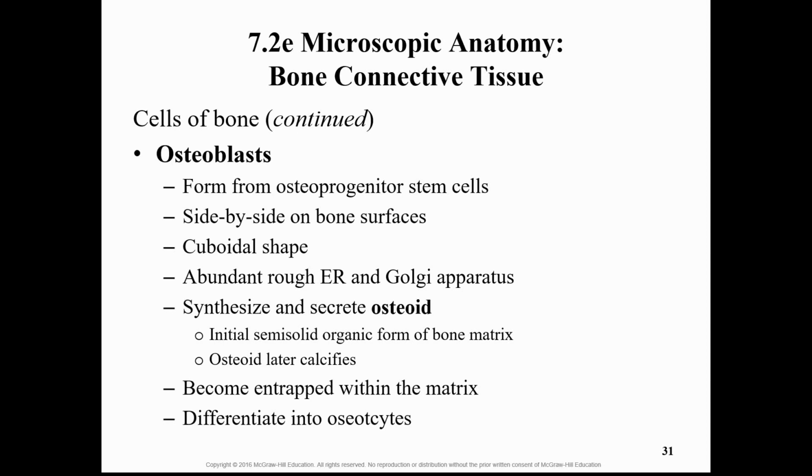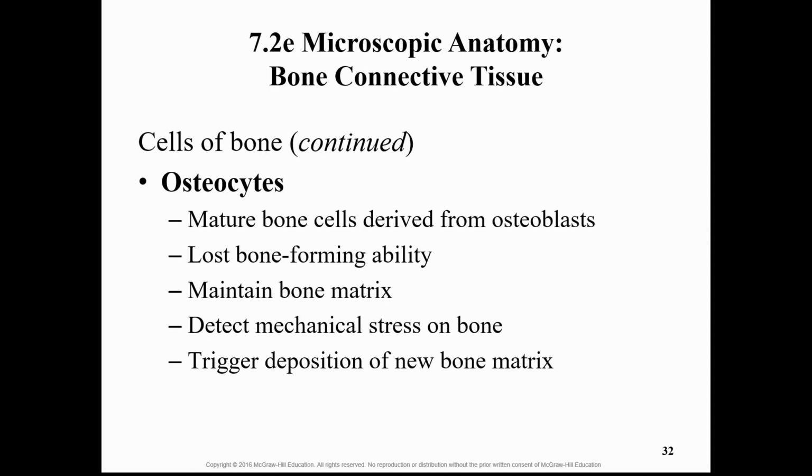At that point, they're mature, and we call them osteocytes. They're no longer really active with the secretion of osteoid, but they do some of it. The osteocytes, as I mentioned, are the mature osteoblasts that got trapped within the osteoid. They've lost their bone-forming ability, and they just kind of help take care of the bones.